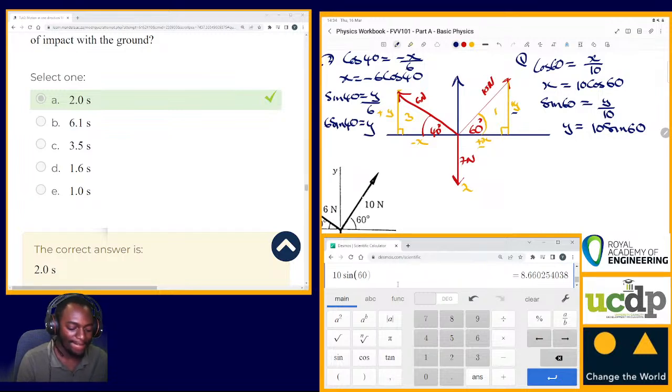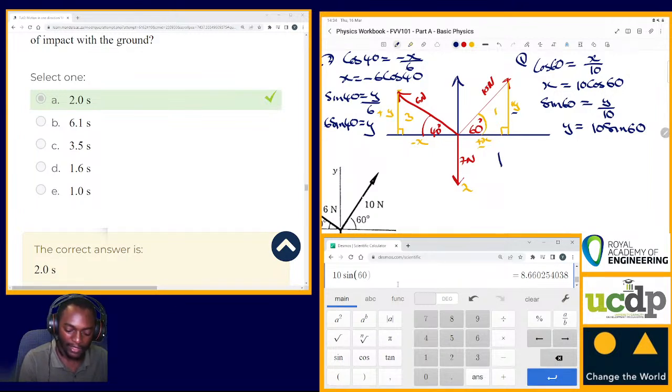Then what do we do to find the resultant? We now have to sum the forces in the x and sum the forces in the y.